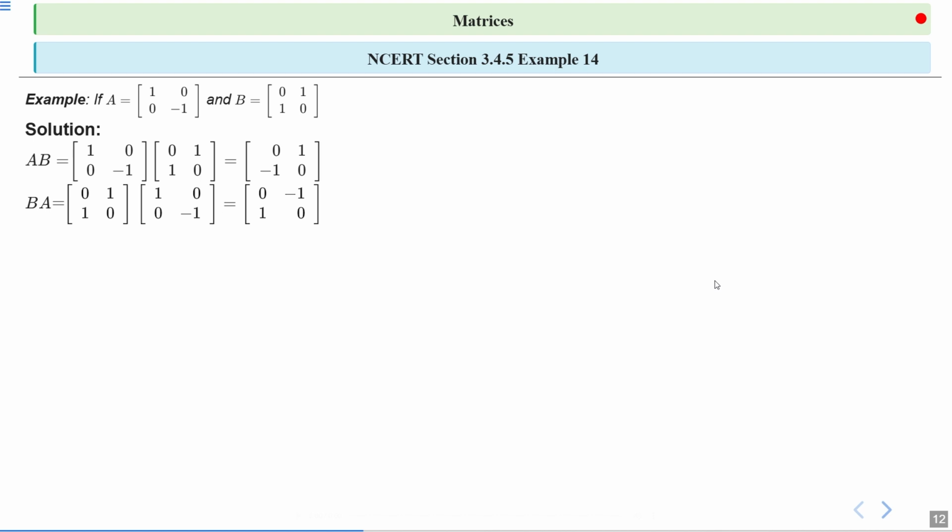Now what will be BA? BA will be equal to 0 1 1 0 into 1 0 0 minus 1, which after multiplication we will get 0 minus 1 1 0.